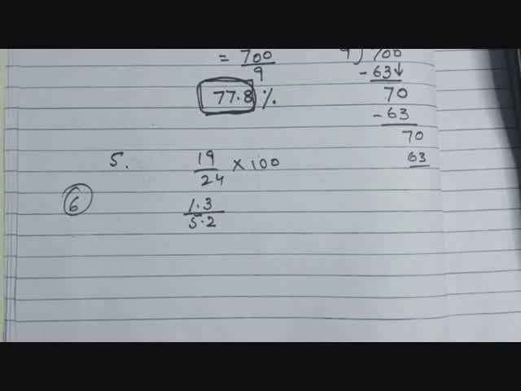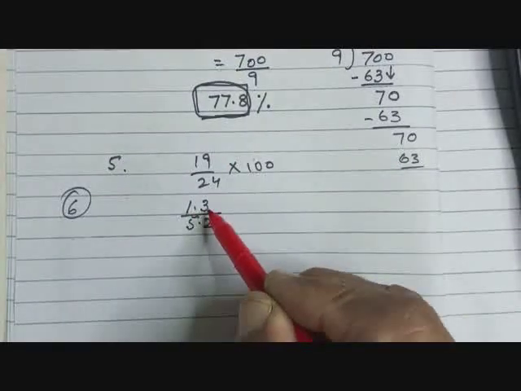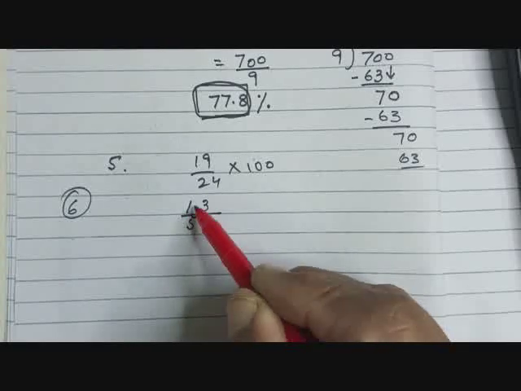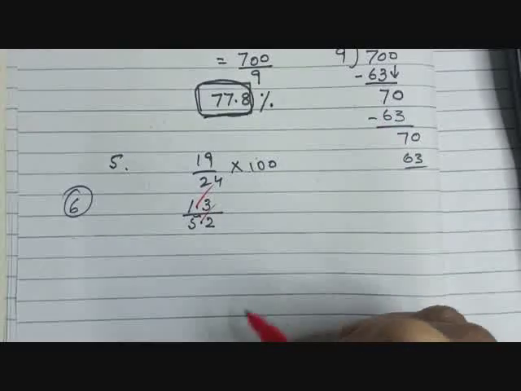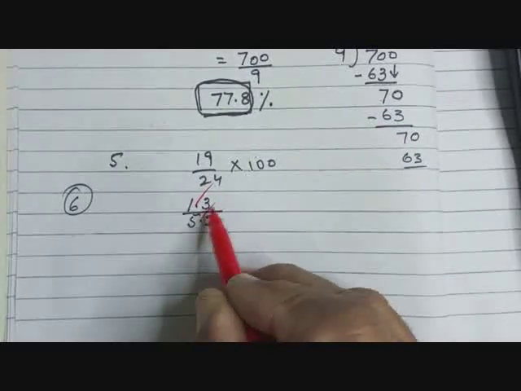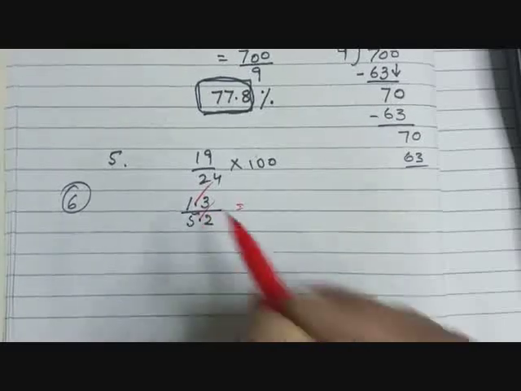We have come across an example where each of the numbers has a decimal at one place, so we will just abolish these decimal signs, because they are at the same place.